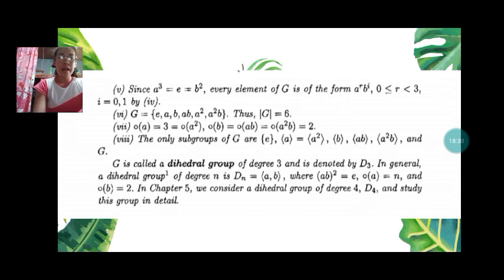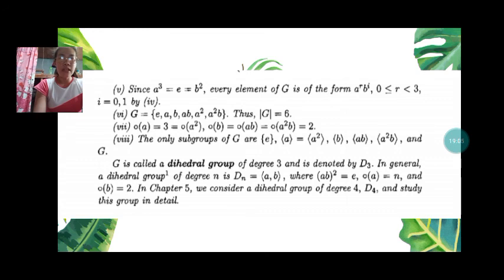Then, number 7, the order of element A is equal to 3, which is equal to the order of element A squared, and the order of element B is equal to the order of element AB, which is equal to the order of element A squared B, which is equal to 2.